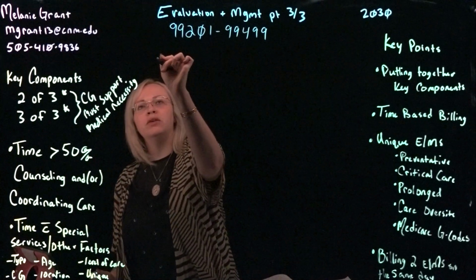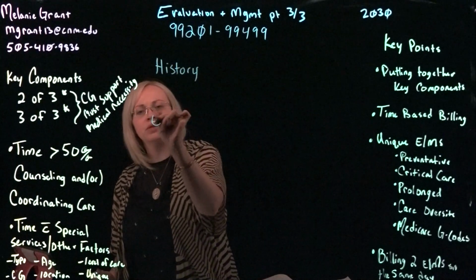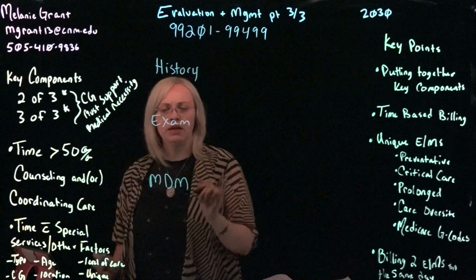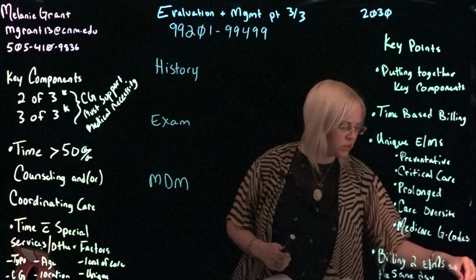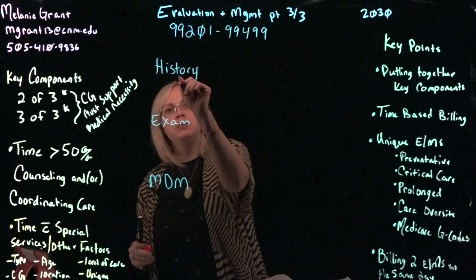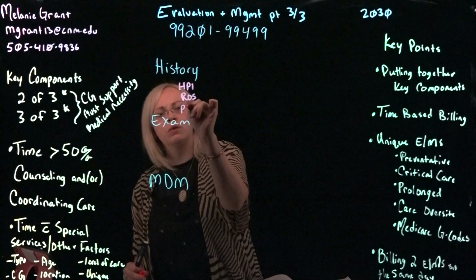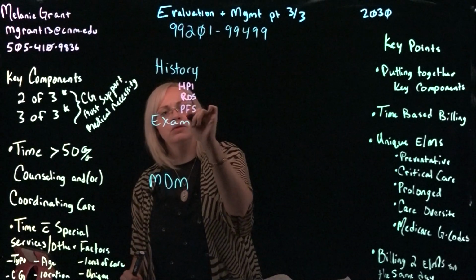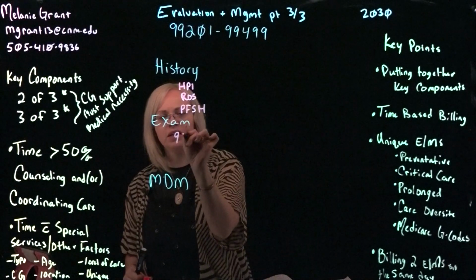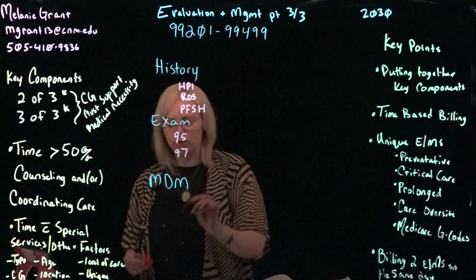To start, we know that our 3 key components are history, exam, and medical decision making. Within the history, we have certain key components of HPI, review of systems, and PFSH, or past, family, and social histories. Under exam, we have either the 95 or the 97 guidelines, and those have specific elements or areas.